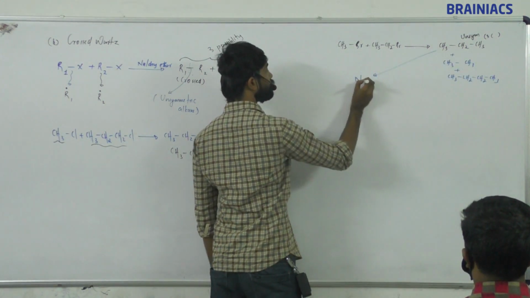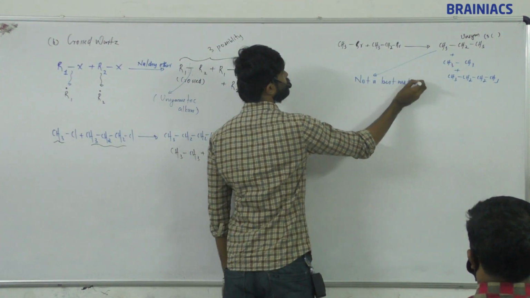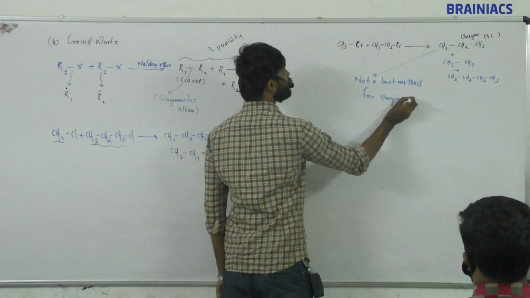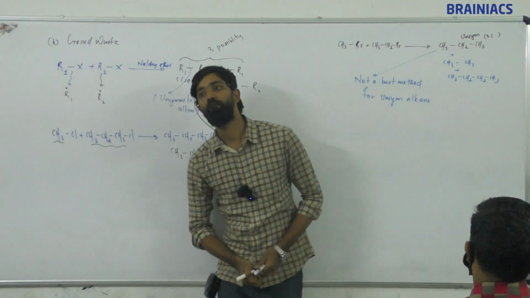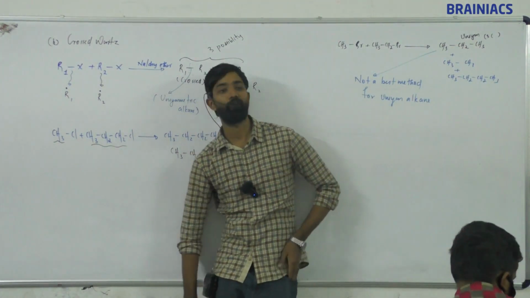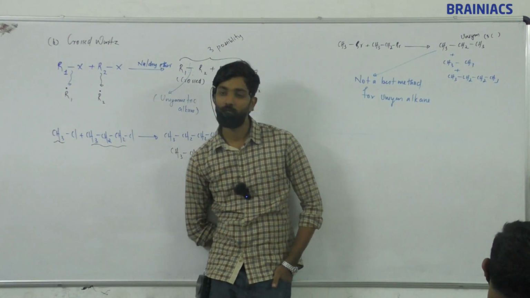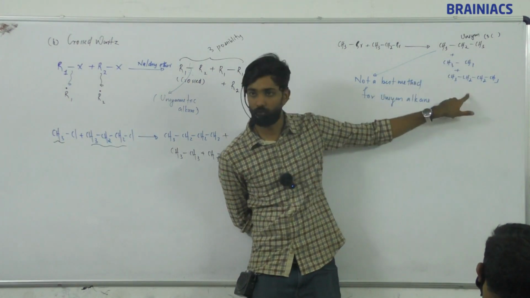Listen. Not the best method. Not the best method for what? For unsymmetric alkane. Wurtz reaction is actually the best method for preparing symmetric alkane, not the best method for preparing unsymmetric alkane. Because along with this unsymmetric alkane, there are two others also.